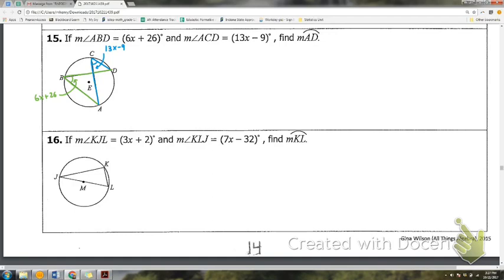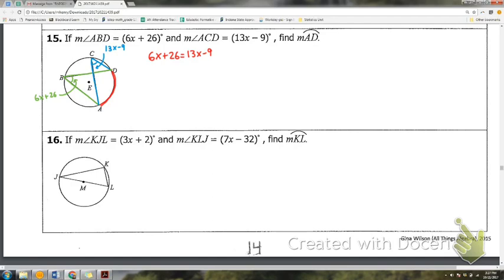Now, if I look at these two angles, I know that they both are opening up to arc AD. So if they open up to the same arc, remember the rule is that the two angles are congruent. So I can set up 6x plus 26 equals 13x minus 9. Okay? And I know you guys know how to solve it, so we're going to pause there.